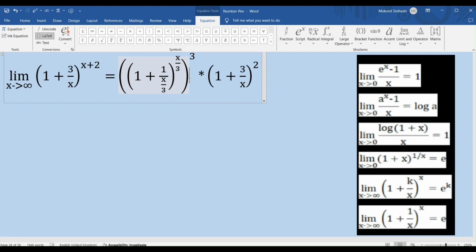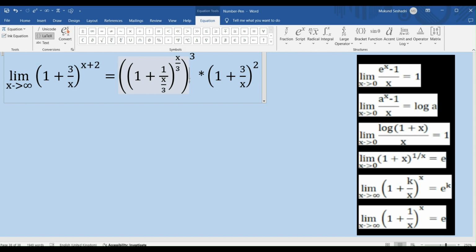So this is what we have. And I know that as x tends to infinity, my x divided by 3 will also be infinite, right? I will not be able to determine what that infinite is. So now I think I'm in a position to apply the formula, which is the last formula on your screen: limit x tending to infinity (1 plus 1 by x) the whole power x equals e, right?